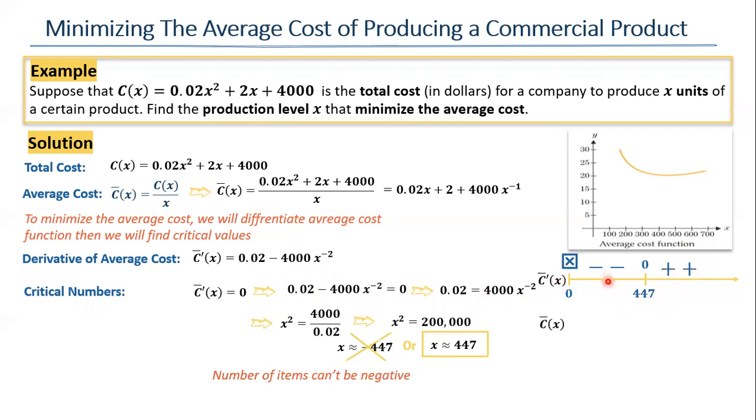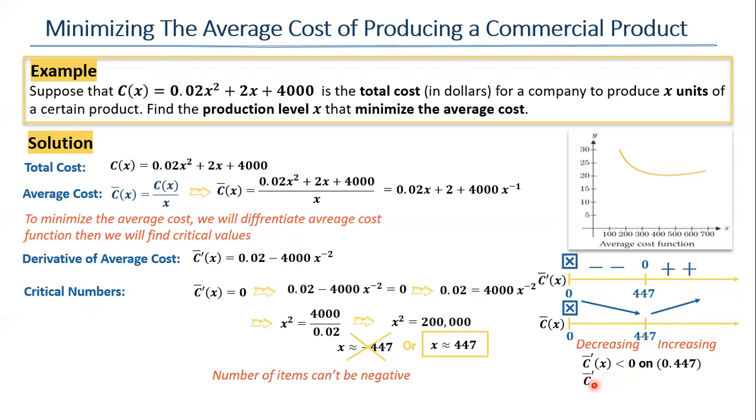When the derivative is negative, the original function is decreasing, and when the sign is positive, the original function is increasing. To the left of 447 it is decreasing, and to the right it is increasing, so we get the minimum.